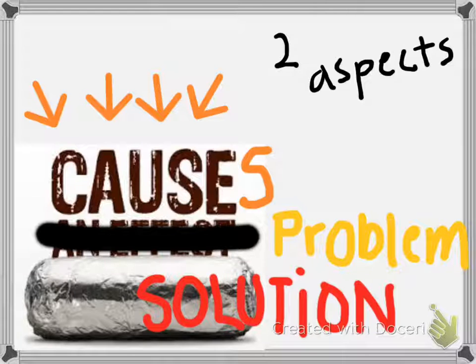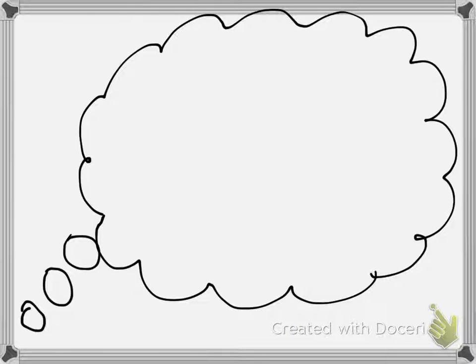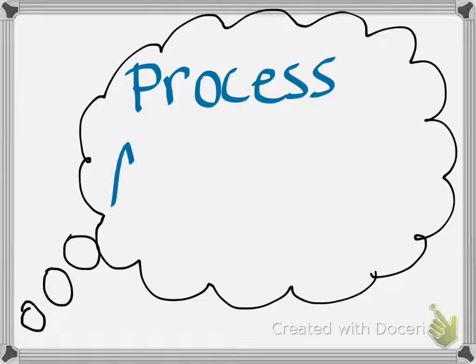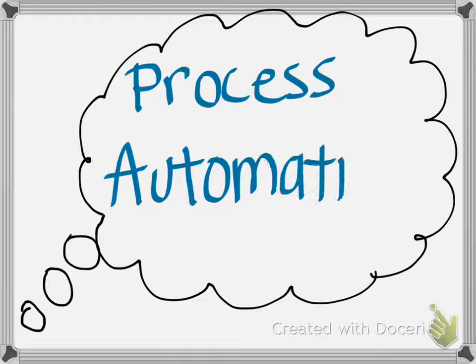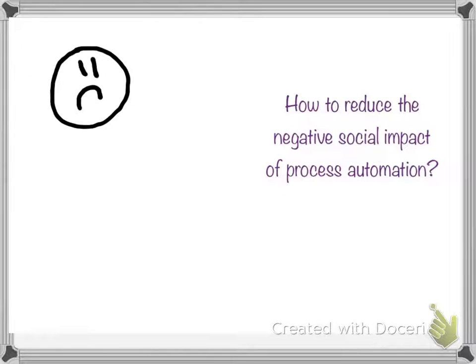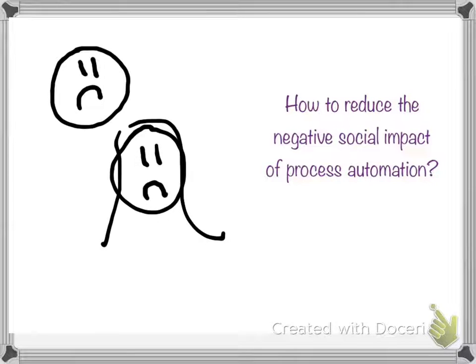Now, let's choose a common problem to exemplify the procedure. Do you remember the topic that we chose in the last video? Yes, it was process automation. Perhaps you can also remember that one of our questions was how to reduce the negative social impact of process automation.